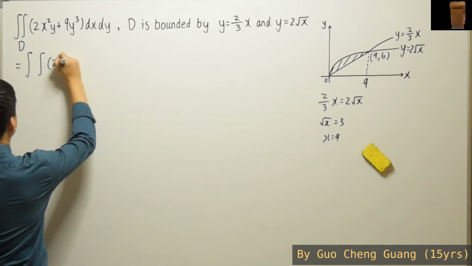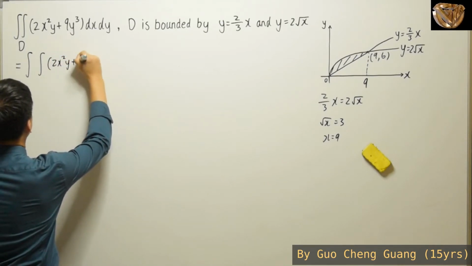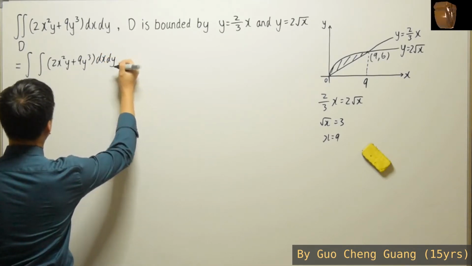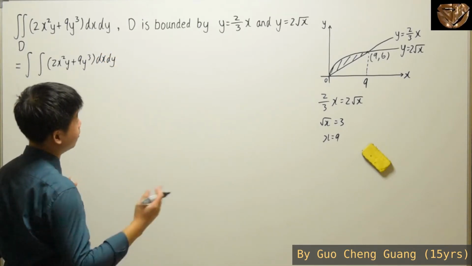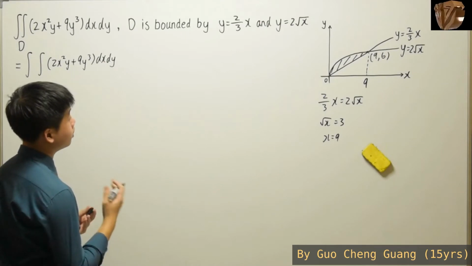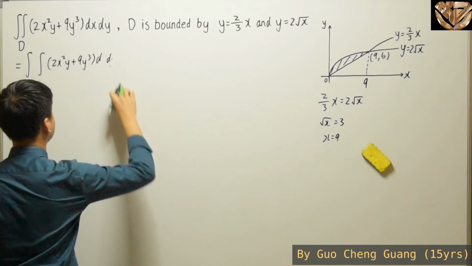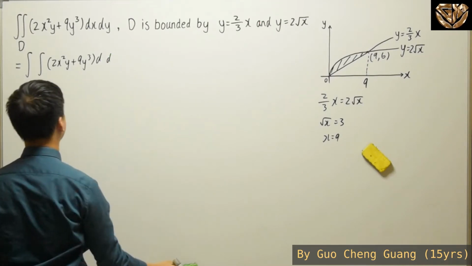Now, 2x squared y plus 9y cubed dx dy, or dy dx. It depends on whatever you like to use. So if you want to go with y first, then you would probably want to change this into a dy dx.